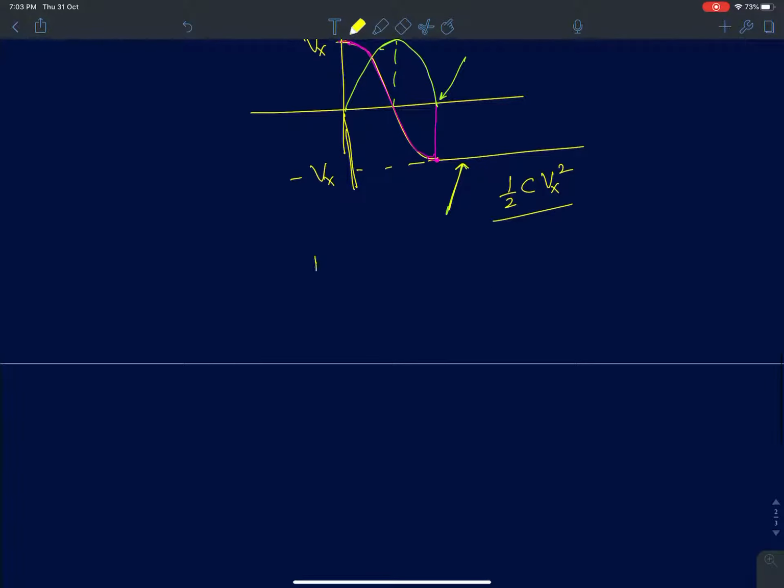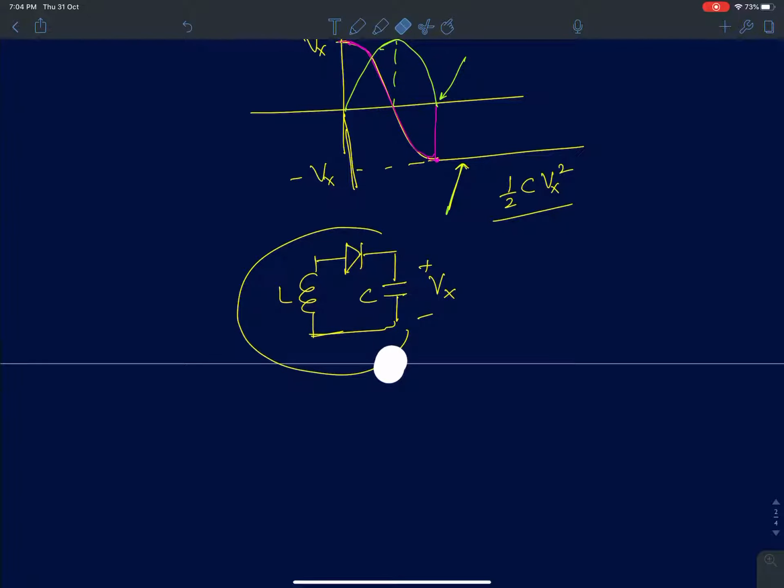Similarly, when I connect a diode in the opposite direction, if I have a positive voltage across the capacitor, then current has to flow. Normally current had to flow in this direction in the circuit, but that's not going to be possible. So what will happen is that the voltage Vx will stay as it is.